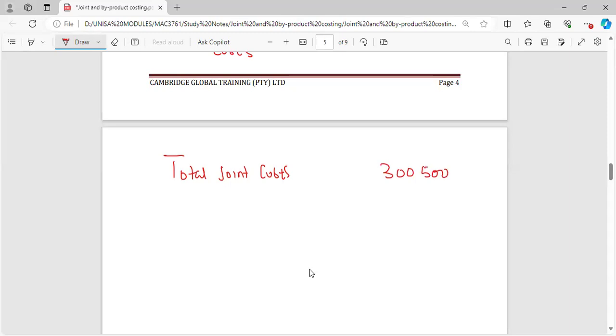Then you less the net realizable value of TRAM. You less the net realizable value of TRAM.